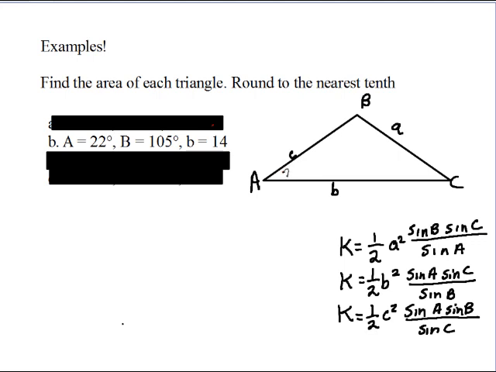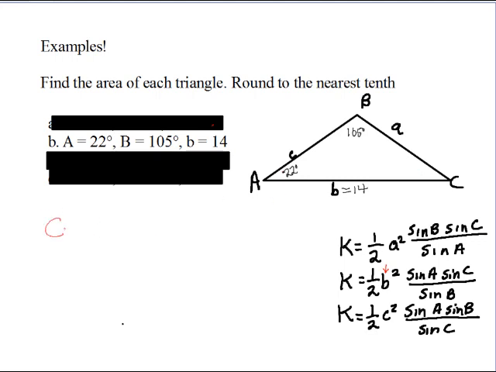We have 22 degrees, we have 105 degrees, and we have little b, which is 14. Okay, so our other one wouldn't work, so we have to use these formulas right here. And so what do you have? You have little b. That's the only side that they give you, so we're going to have to go with little b here. But first and foremost, we have to do c.